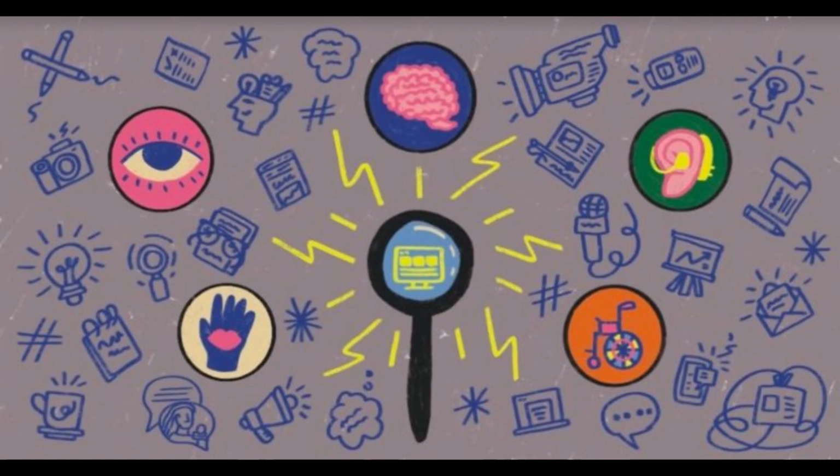So what then is a model for disability? A model for disability is a mode for defining and understanding disability.